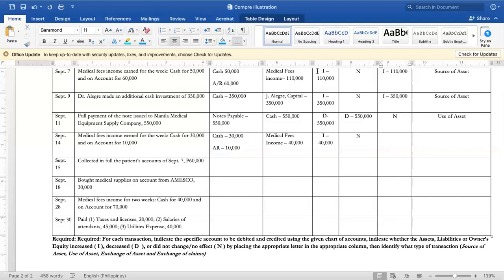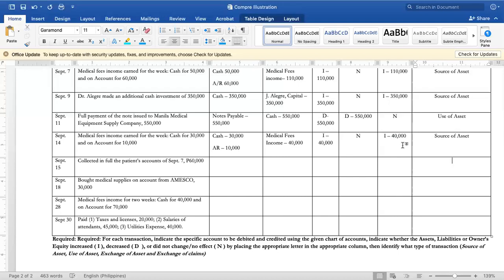How about owner's equity? So, it's an income account. Diba? Normal balance of income account is credit. Therefore, it will increase your owner's equity account because the normal balance of your owner's equity account is credit. So, therefore, it will increase by 40,000. Question, what type of transaction? Increase in asset equals increase in owner's equity. That is source of asset transaction.